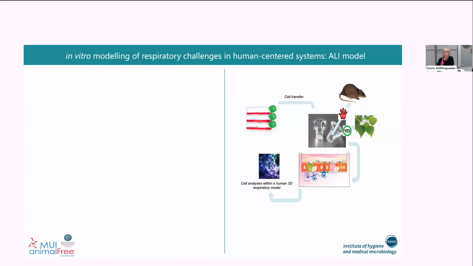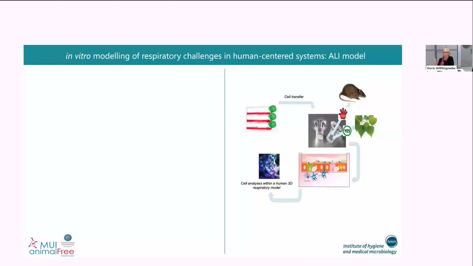Therefore, we are using primary epithelial cells of primary origin, which we first expand until about passage 3 in T75 flasks, because this is the passage where we found out that those cells which are of primary origin and which are not immortalized still have the same features as from the first passage.